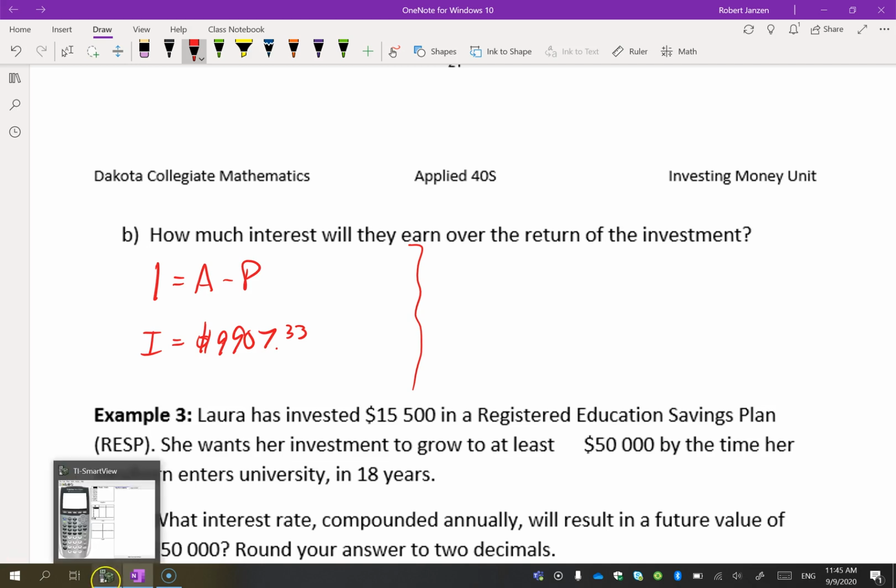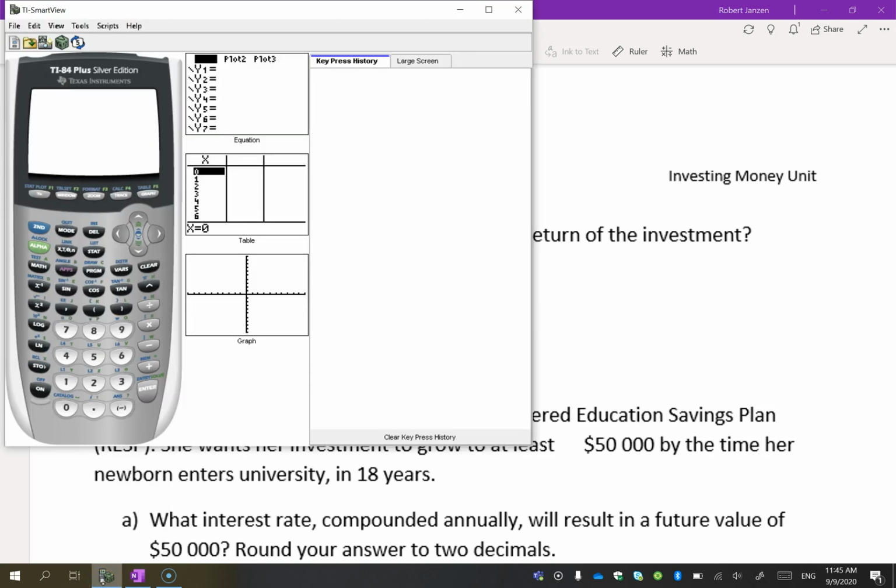Okay, so I'm going to grab my TVM solver. Let's go to Finance and TVM solver, and let's fill it out like we just had. So you'll still have it on your calculator. Okay, I've got to plug these numbers in.